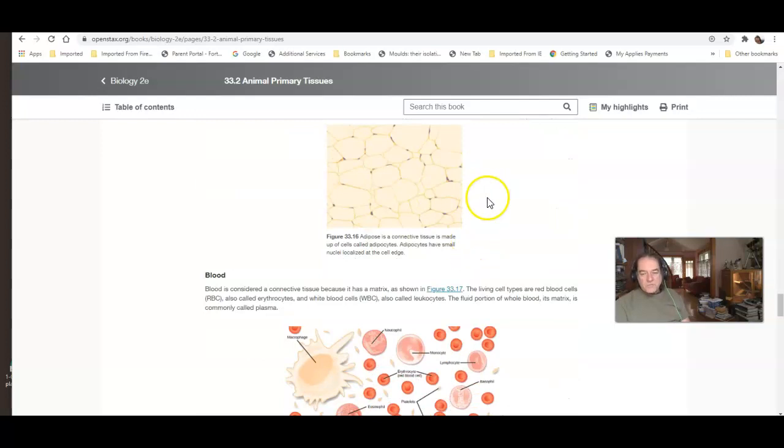Adipose tissue is a particular type of loose fibrous connective tissue. The oil droplets here store energy very efficiently. Oil holds a very high amount of energy per unit of volume and weight, higher than carbohydrates. So lipids are a very, very good long-term energy storage.